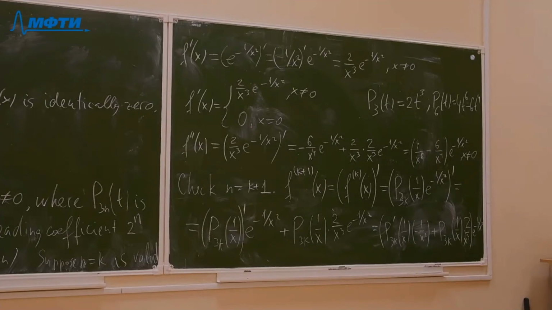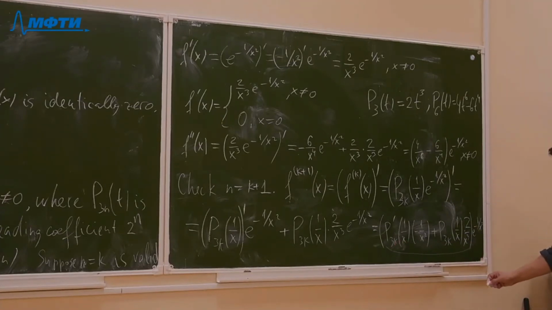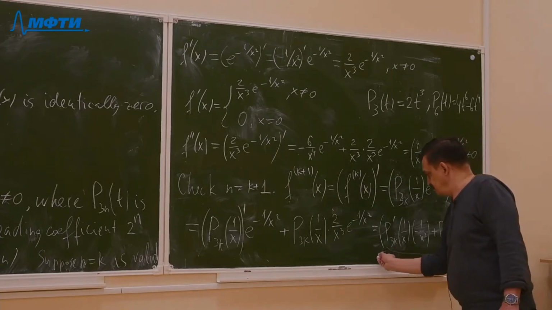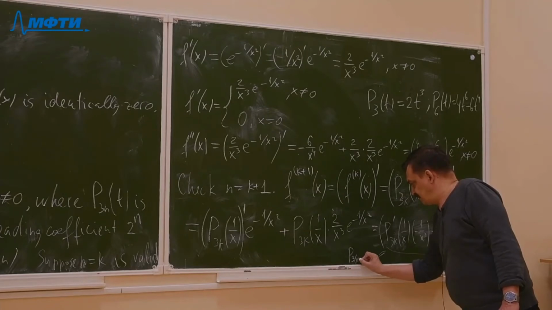So, what do I have to check? I have to check that what is written in brackets is precisely P3k plus 1 of 1 over x.